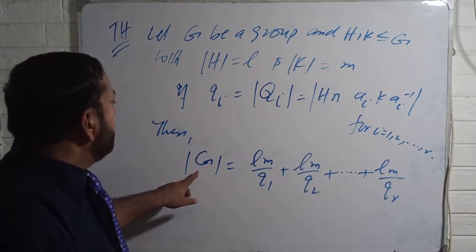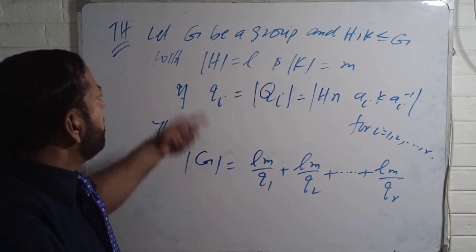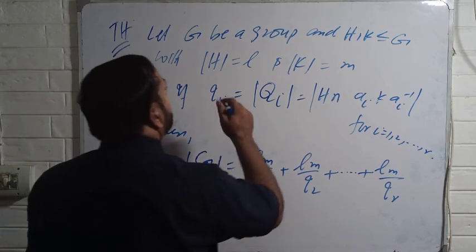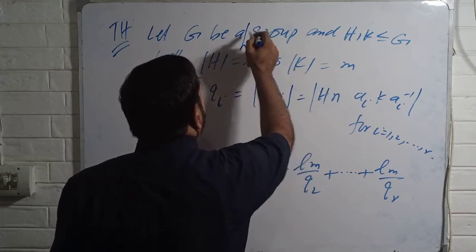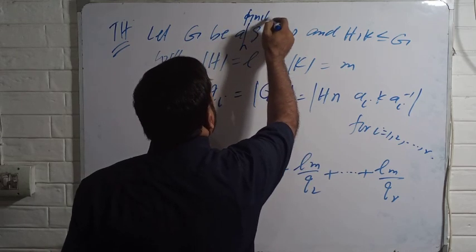Look here, order of G is equal to N. Let G be a finite group.